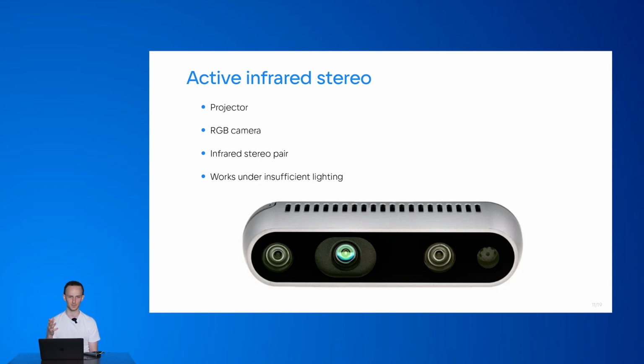They come in different models like D435, 455, 415, and they have slightly different cameras. They have rolling and global shutter, and they also have slightly different working ranges, so you can check the Wikipedia page about that.